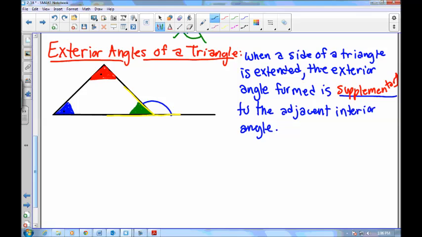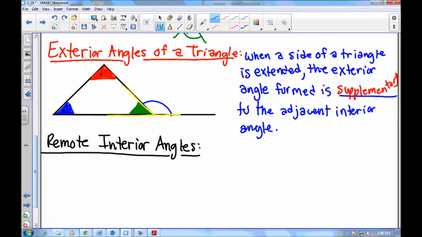Okay, the other 2 angles inside the triangle are called remote interior angles. Remote interior angles.